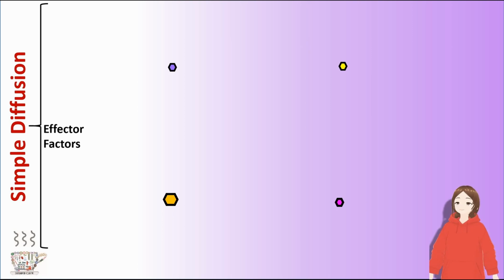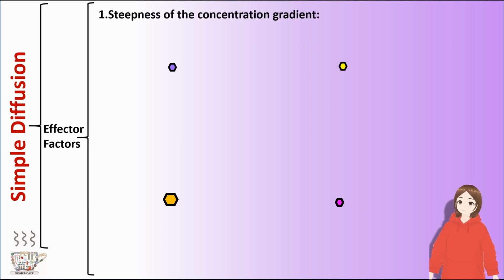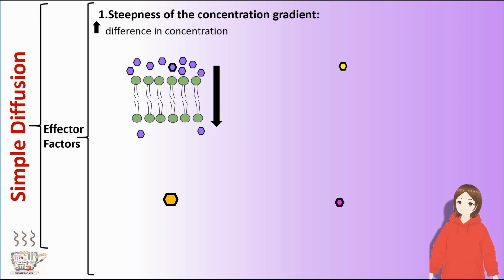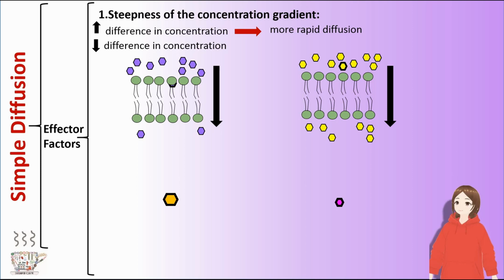Three factors affect simple diffusion: the steepness of the concentration gradient. As you see, the greater difference in concentration results in more rapid diffusion, but the lower difference in concentration results in a slower rate of diffusion.